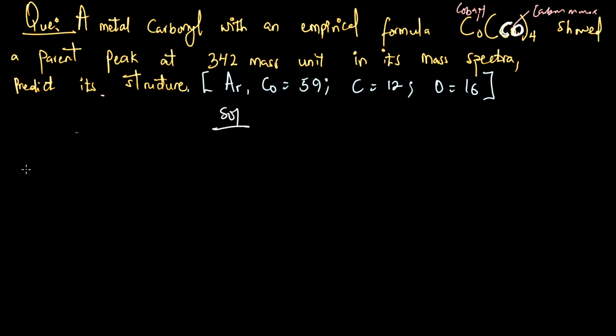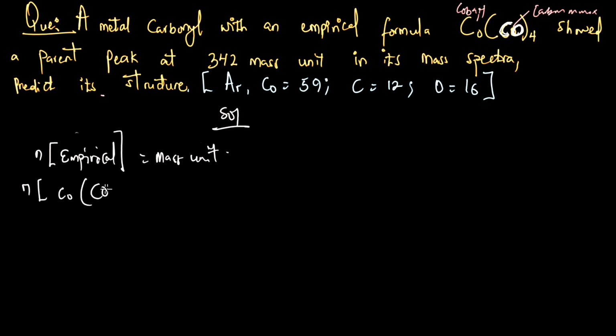So the first thing we need to do is to determine the molecular formula, and that's basically n times the empirical formula mass equals the mass units. So we have our n here, and the empirical formula is Co(CO)4, and the mass units is 342.